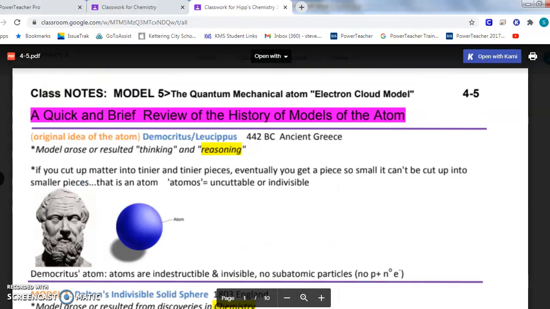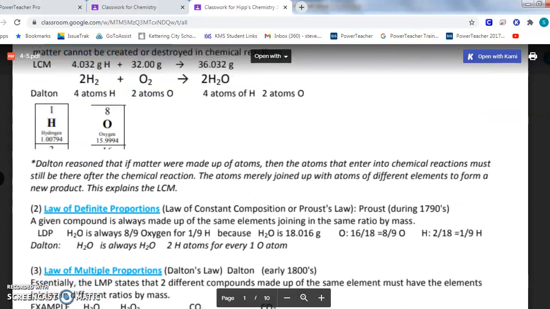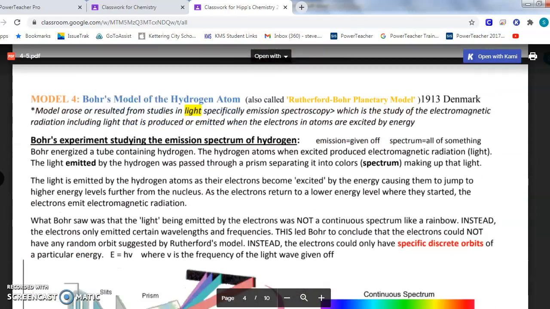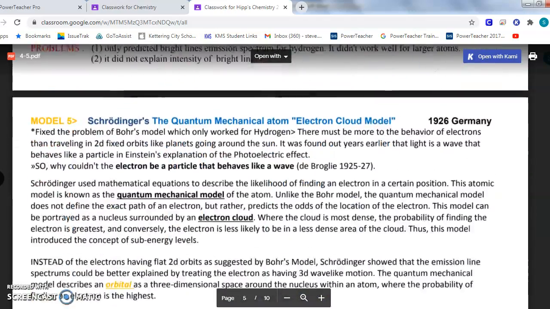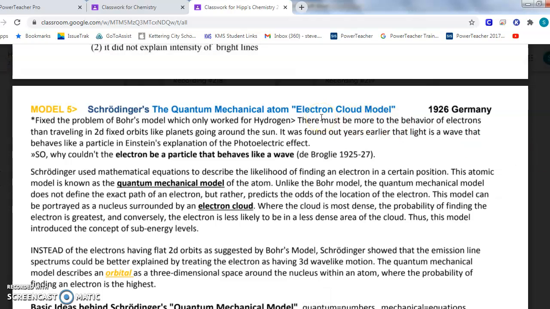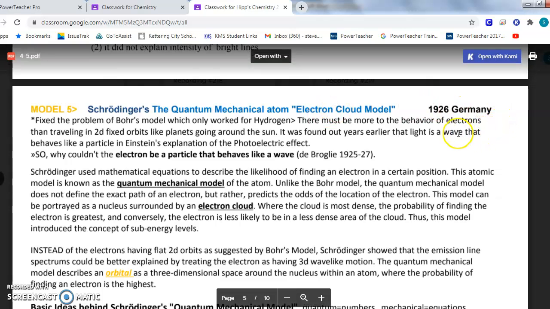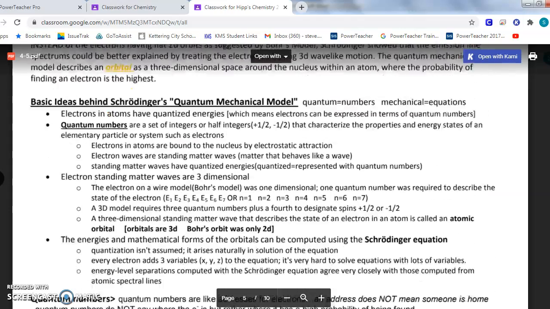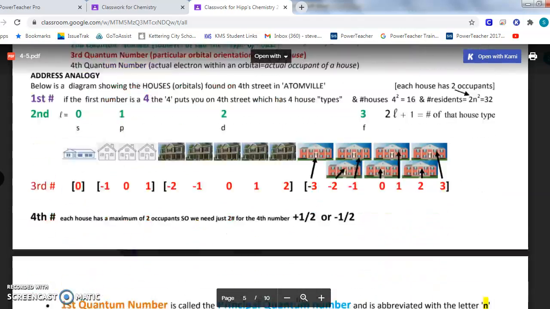The notes we're looking at are in your 4-5 note packet, and that's where we started off with models of the atom, a brief history, review of models of the atom, and then we came to Model 5, Schrodinger's quantum mechanical model, which introduces the 4 quantum numbers. That order of filling, the 1s, 2s, 2p, relates directly to the quantum mechanical model and the 4 quantum numbers.